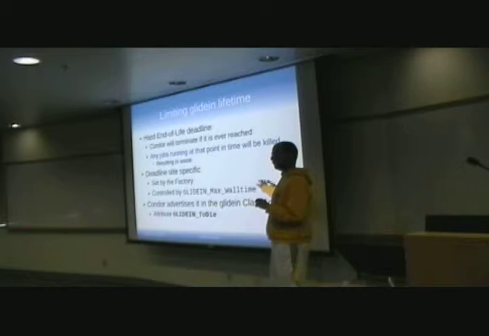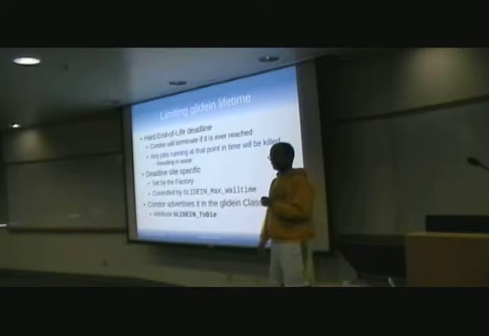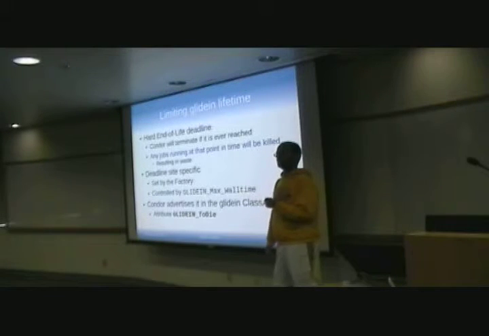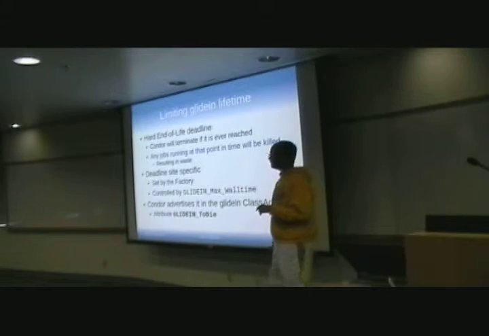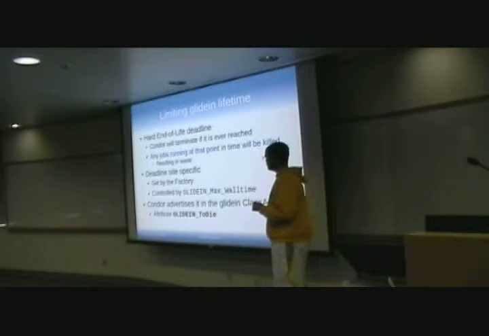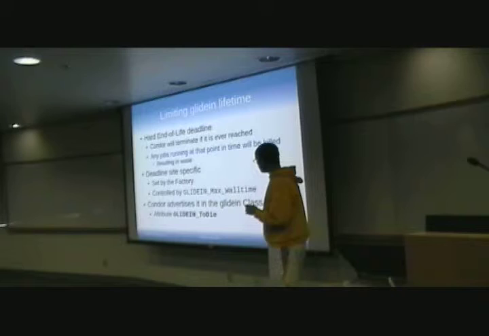So when you do the matchmaking, you actually know what is the max you can expect, and you should subtract something from this, because this is really the maximum that you are allowed from the moment you start, and by the moment the first job starts, you have probably already lost a few seconds, if not a few minutes, because of startup, validation, and matchmaking. So you should subtract a reasonable amount from this.